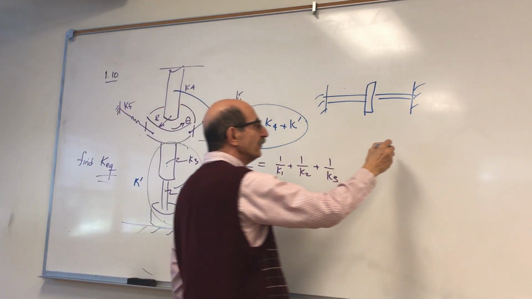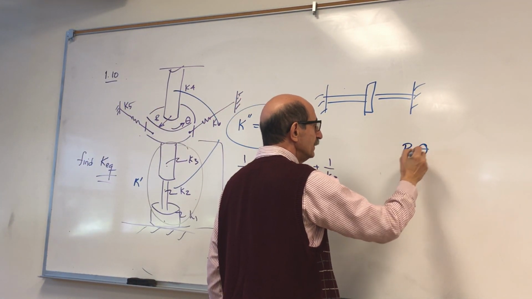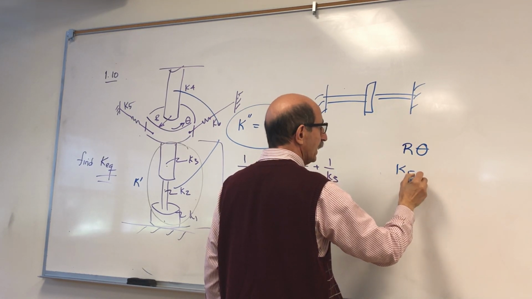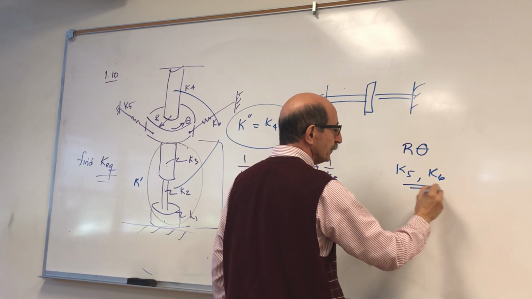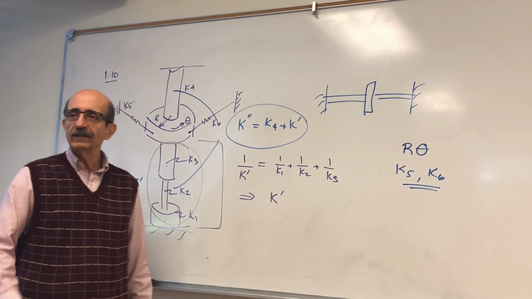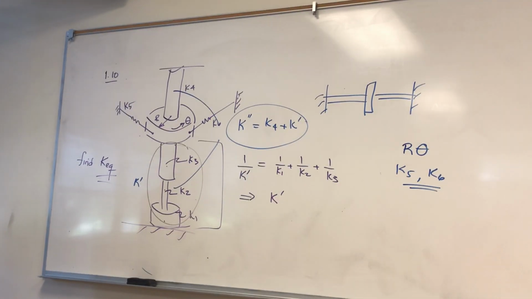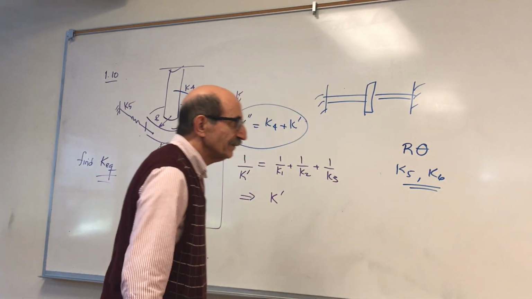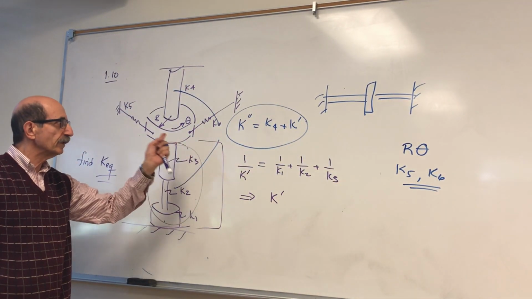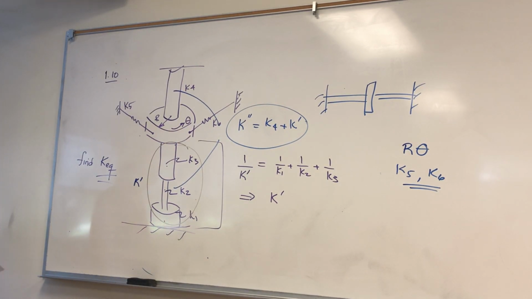So we know that they are in parallel. The geometric configuration is neither parallel nor series, but based on the conceptual meaning of those cases, these two experience the same deformation, so they're in parallel.